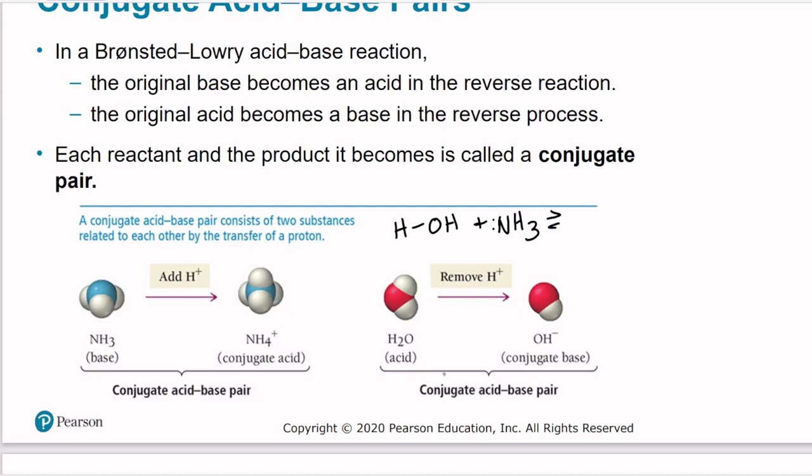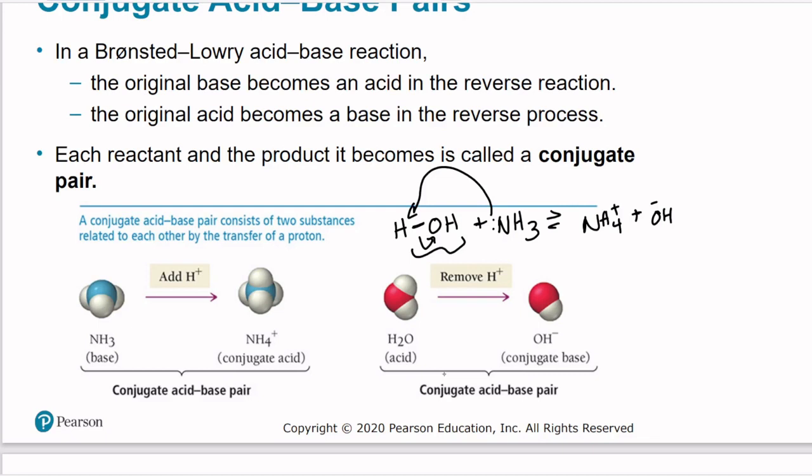The ammonia has a lone pair, the nitrogen has a lone pair that can actually pull off a hydrogen. And it's leaving this bond behind as a lone pair on the oxygen. And we form NH4 plus, ammonium, plus this hydroxide that is left behind, OH minus, and that's our hydroxide.